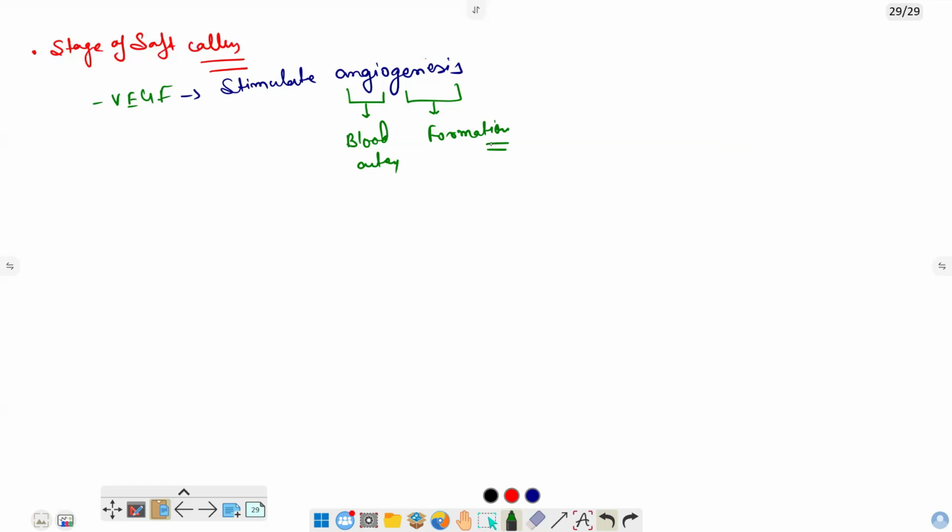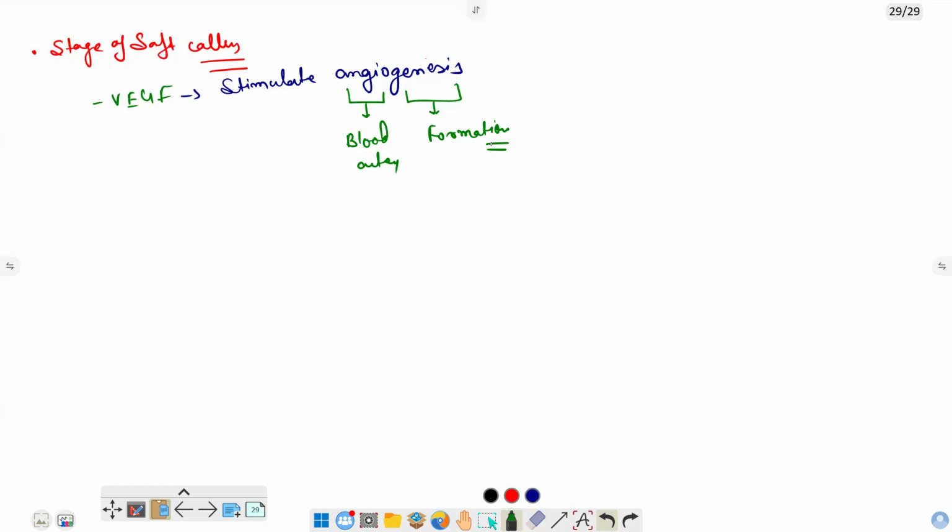For the healing process, we need proper minerals, proper nutrients, and oxygen. Since the blood arteries have been ruptured at that particular site, we need new blood arteries so that the blood can reach and bring the minerals for the reformation and healing of the bone.